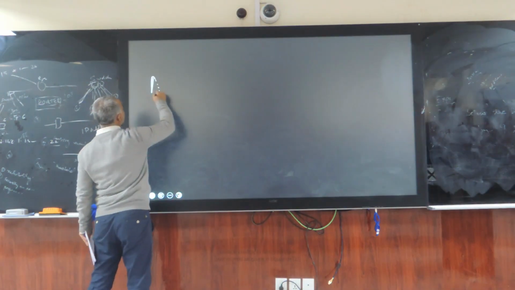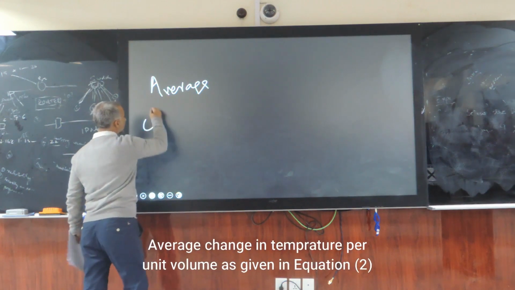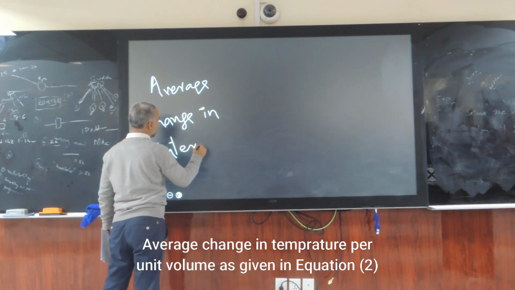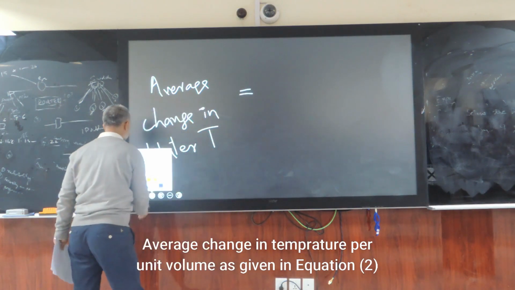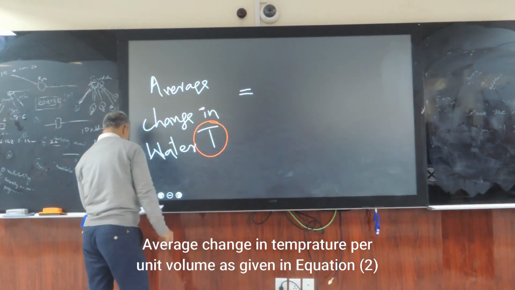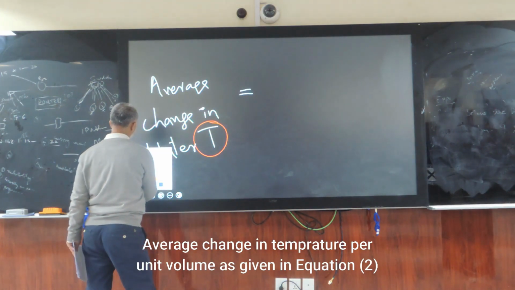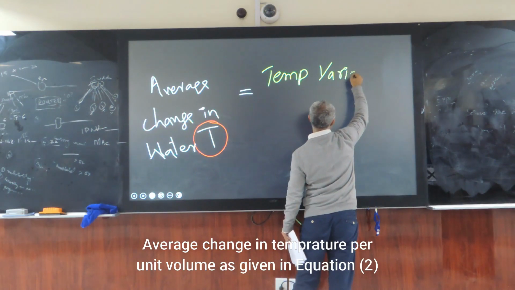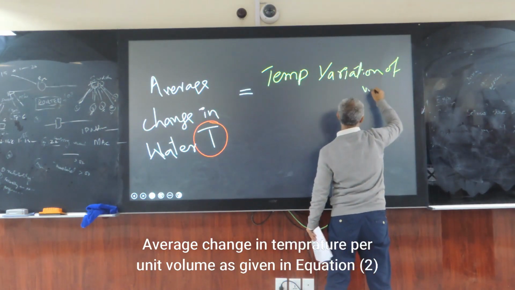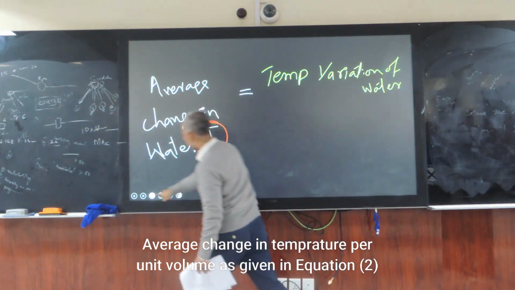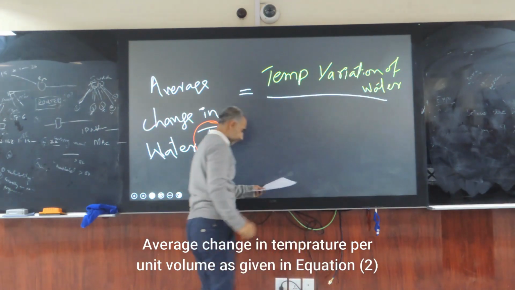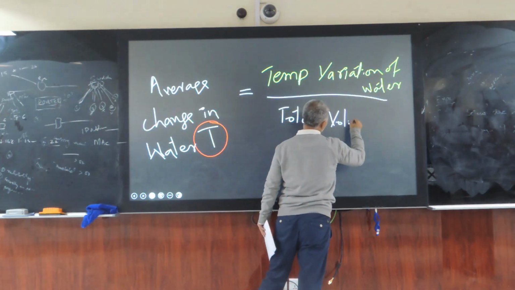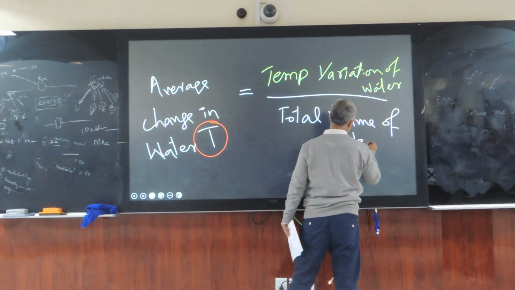This is the numerator. Average change in water temperature equals temperature variation of water divided by total volume of water.